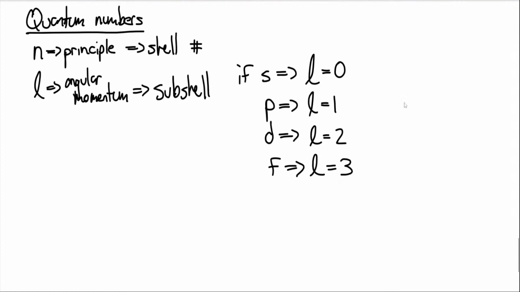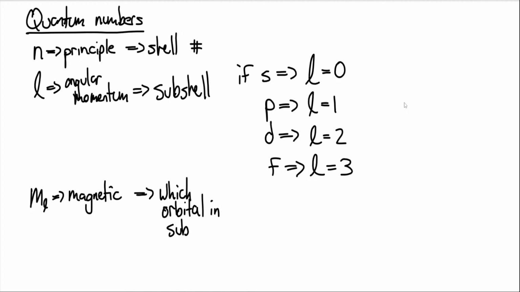Okay. So ML is the magnetic quantum number, and this is which orbital in the subshell. So if you're S, then it's only really possible for you to be 0.